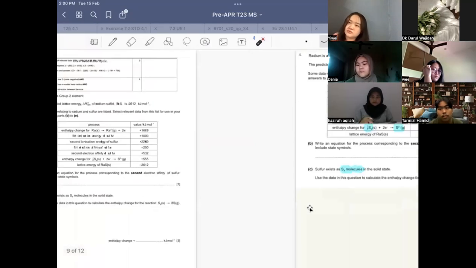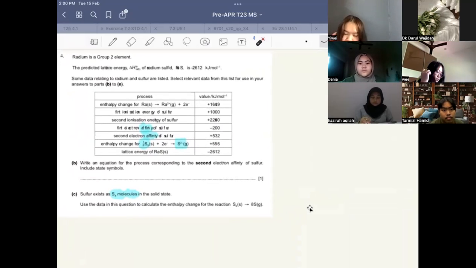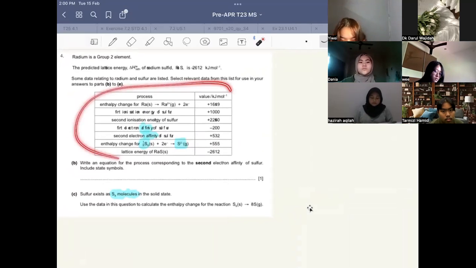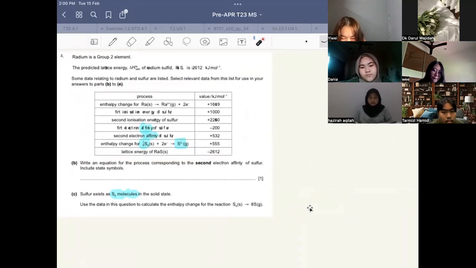Next is question 4. Again, question 4, they give you, because you don't have a data booklet, so they will give you a list of values, but sometimes you have to spot and do this very quickly, because I am sure when you're in an exam or a test, you will be under a lot of pressure. You may think, oh, I have to use all these numbers.